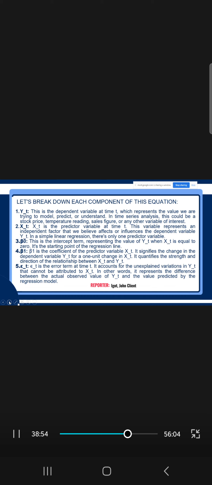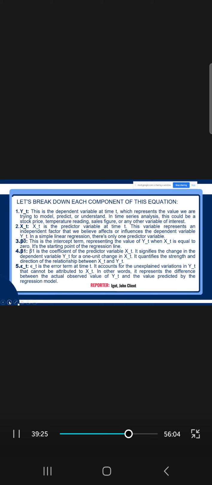So let's break down each component of this equation. First is y_t. The y_t is the dependent variable at time t, which represents the value we are trying to model, predict, or understand. In time series analysis, this could be a stock price, temperature reading, sales figure, or any other variable of interest.